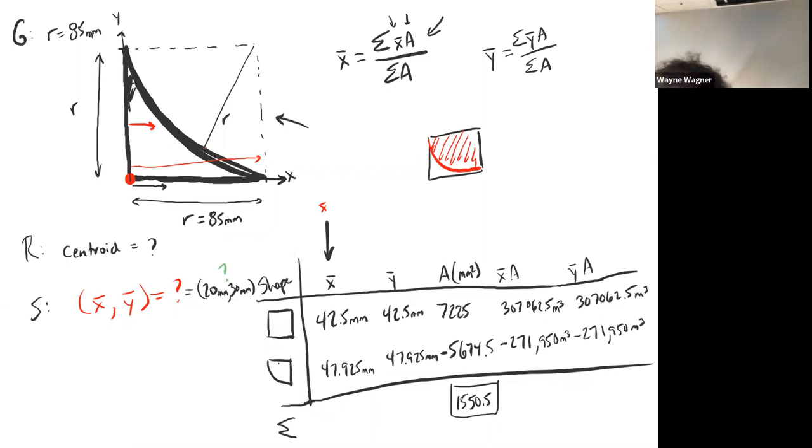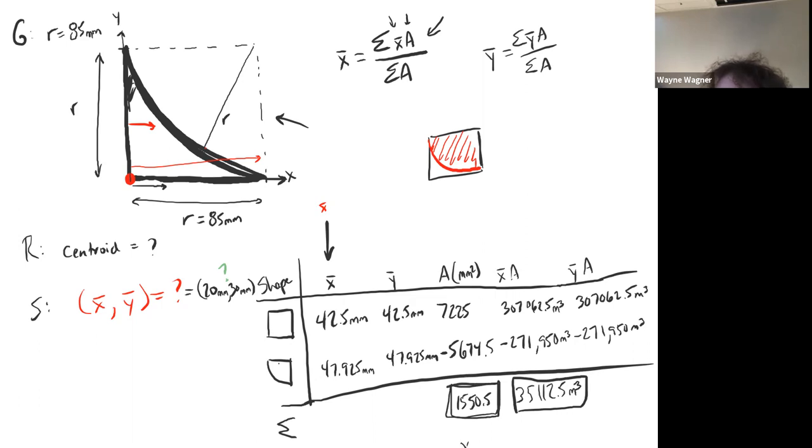Okay, so X bar A becomes 307,062.5, too many sig figs, minus 271,950 equals 35,112.5 meters cubed. So then to get our final answer, we're just going to take this sum and divide it by that sum.